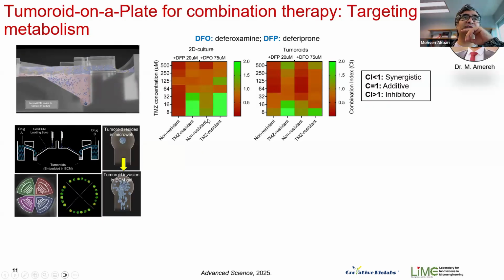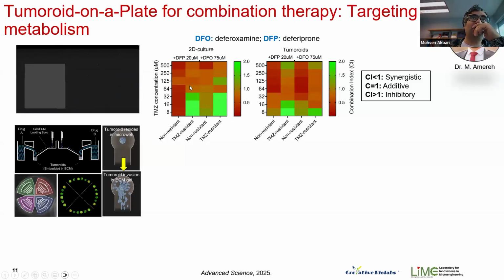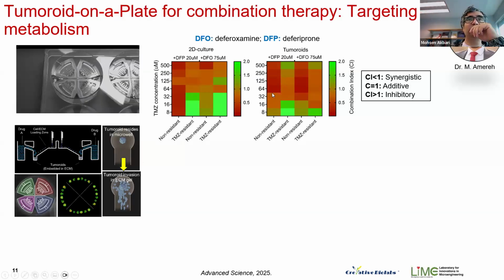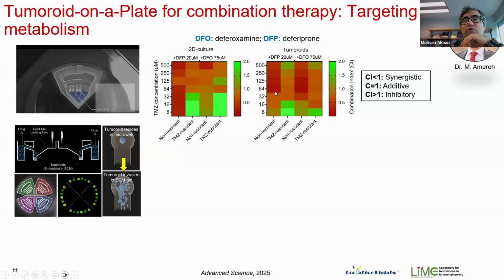So we exposed all these different cells, including resistant and non-resistant cells, to different concentrations of temozolomide and also the iron chelators. And indeed, we were able to identify conditions, a combination of temozolomide and iron chelator concentrations or doses, that yielded synergism, which was very promising.